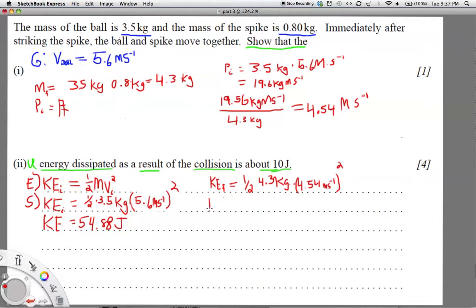And KE_f equals 44.31. KE initial minus KE final equals energy dissipated.